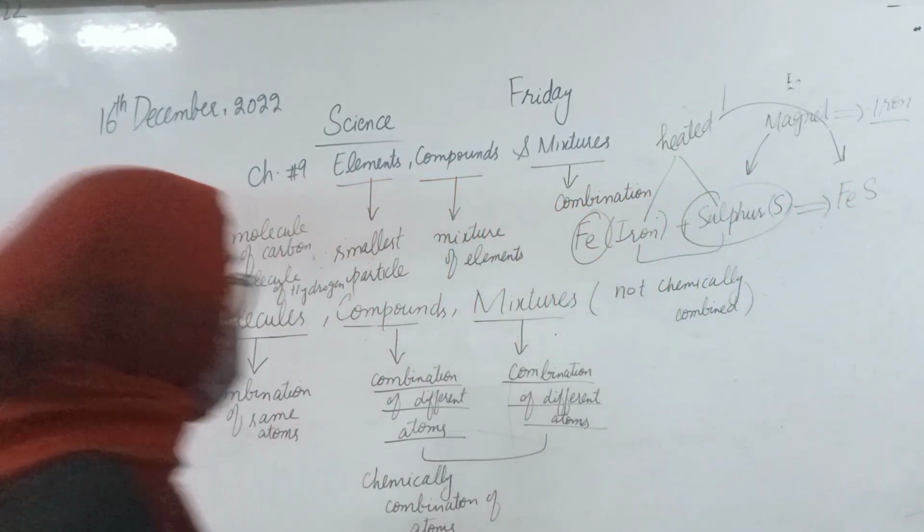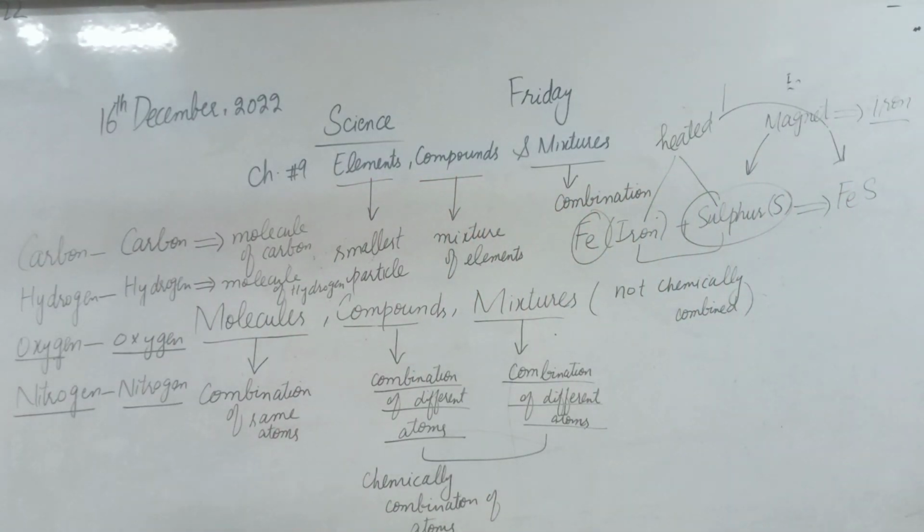Compounds and mixtures are basically the combination of different atoms, but in mixtures there is no chemical combination between the atoms, whereas in compounds, the elements are combined by chemical combination. Chemical combination leads to making a compound. Okay?